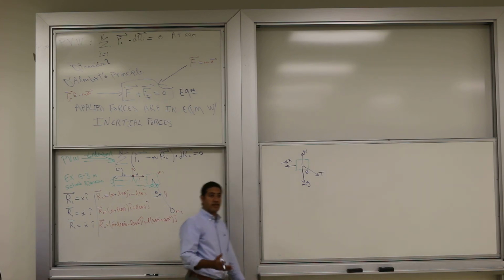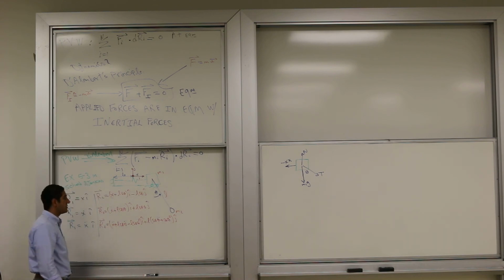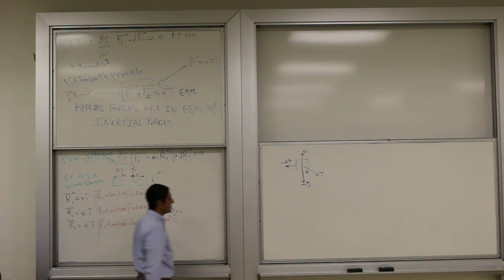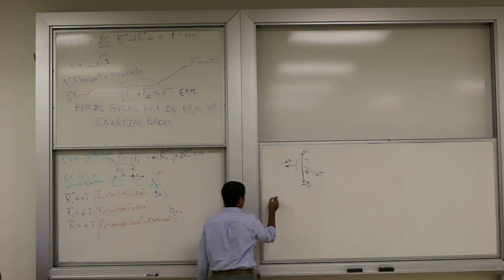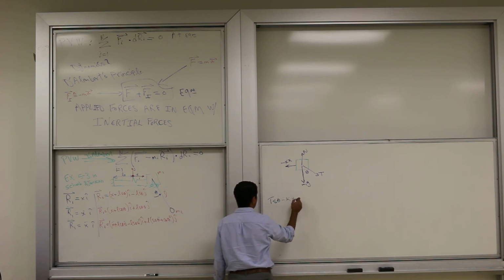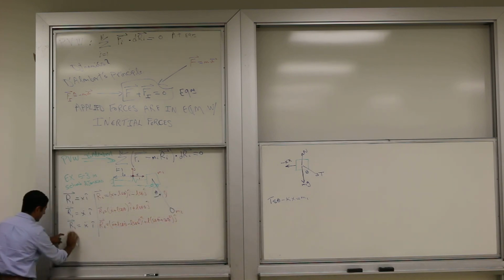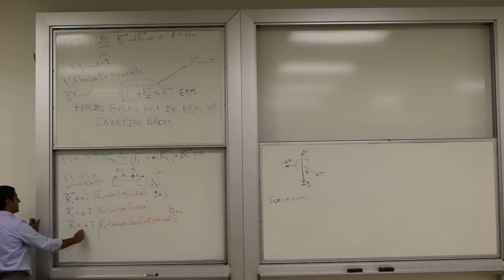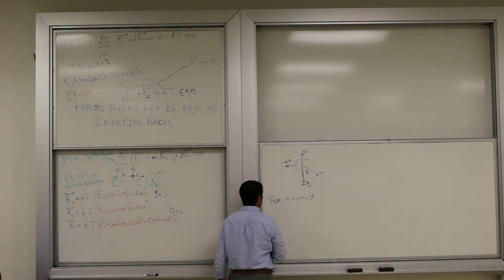So summation of forces in the x direction is equated with mass times acceleration in the x, and the same for the y. So this is easy to get. For the x, we have T sine theta minus kx equals m1 times the acceleration in the x direction. Here is r1 double dot. So the x direction part in the I direction is simply x double dot.